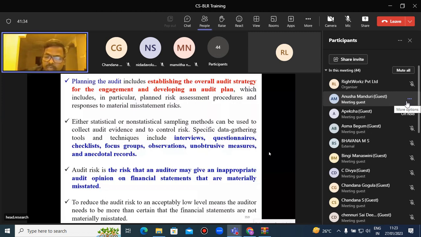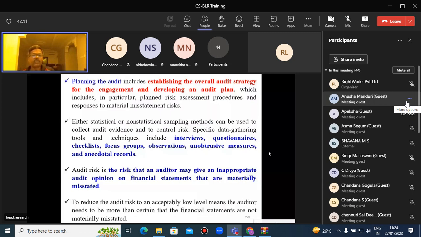By verifying our records, material or activities, they say there is a chance of audit risk, maybe financial statements that are materially misstated. To reduce the audit risk to an acceptably low level, the auditor needs to be more than certain that the financial statements are not materially misstated. He is going to verify each and every document of the financial statements.